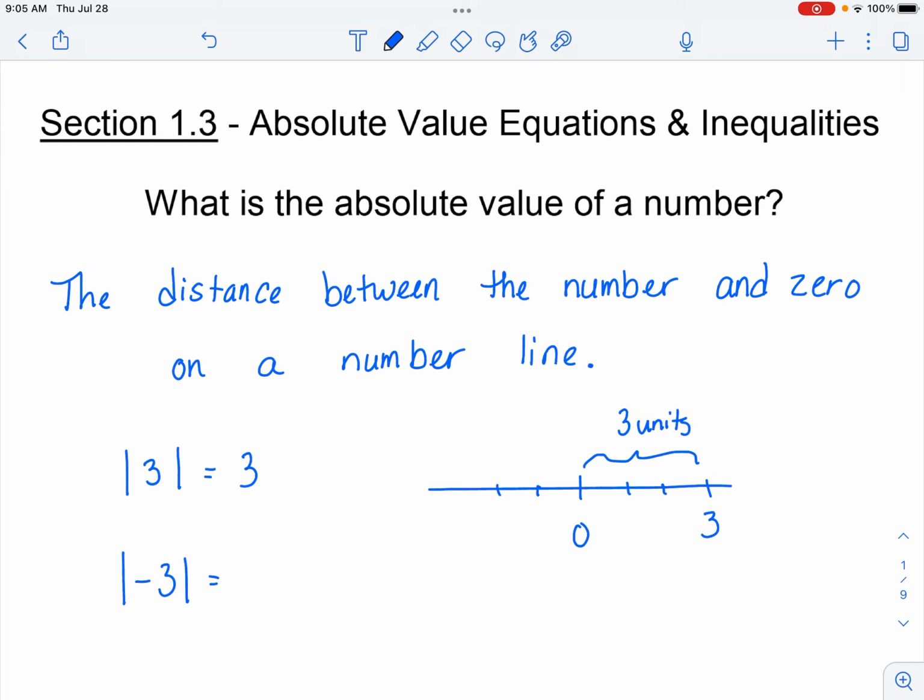If I go on my number line to -1, -2, -3, how far is that distance? Well, that distance is still just 3 units. It's just in the opposite direction. So that answer is also 3. So the absolute value of a number is talking about a distance, but distances are always positive. So the absolute value of a number always ends up being a positive value.